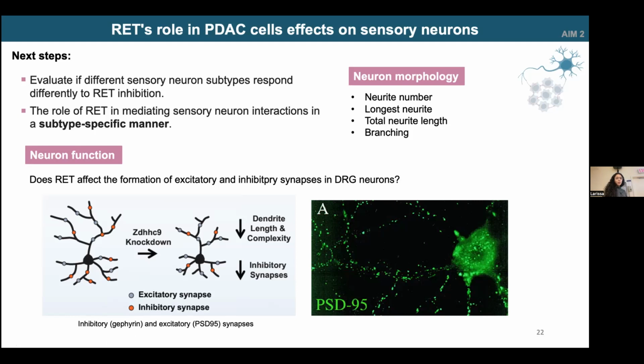With that, we aim to visualize and quantify any alterations in the distribution and abundance of inhibitory and excitatory synapses in response to RAD activation or inhibition.